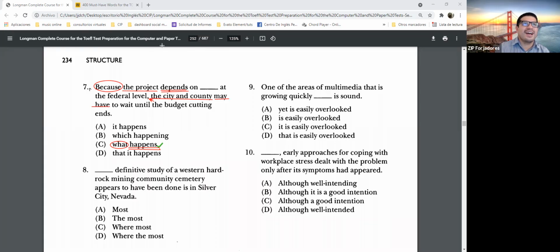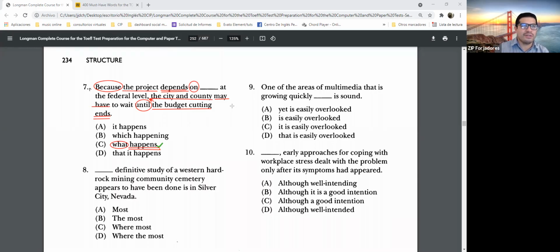Then we have another connector that is until, and then we will have to have a subject and verb. So that means that this one, on, it's a preposition, so we would have to have an object of a preposition.